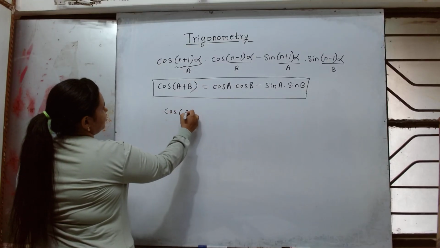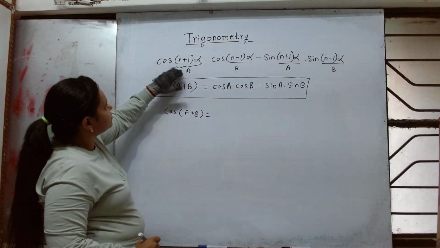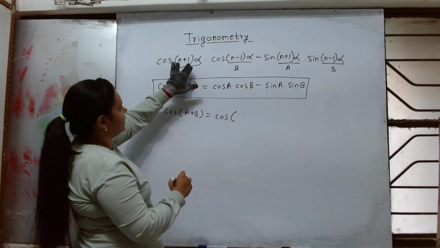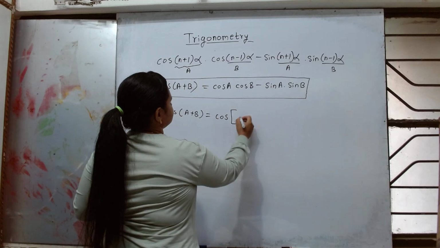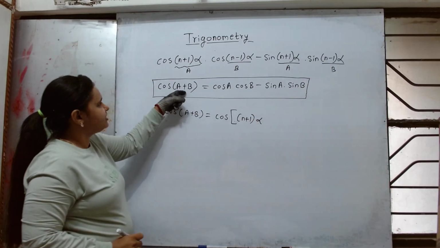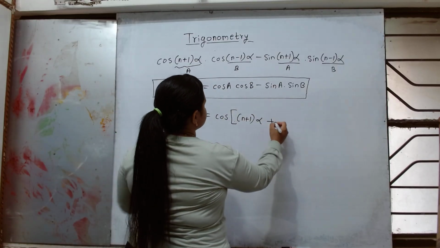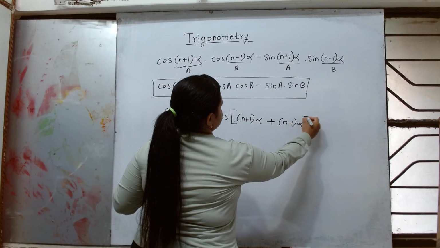If we write it in the form of cos(a+b), this is a, so it is (n+1) multiplied by α, and plus b, where b is (n−1) into α.